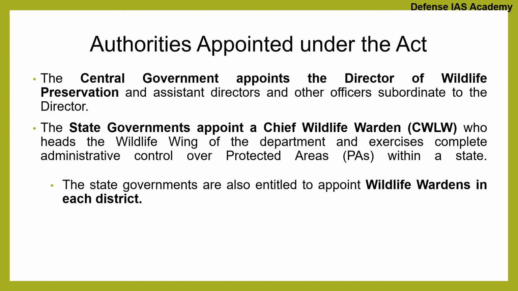Okay, so before this Wildlife Act of 1972, were there any other laws or legislation in India that helped in protection of wildlife and the flora and the fauna? Yes, there were such laws. The first such law was passed by the British Indian government in the year 1887, which was called the Wild Birds Protection Act 1887.